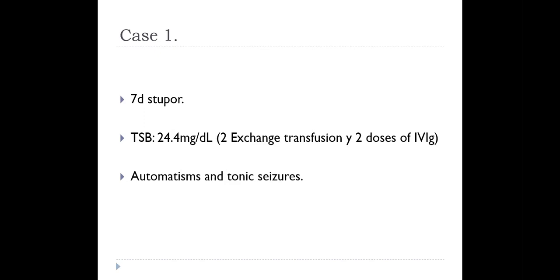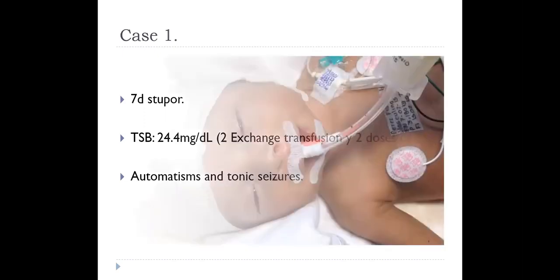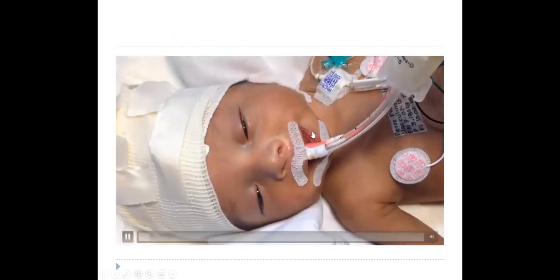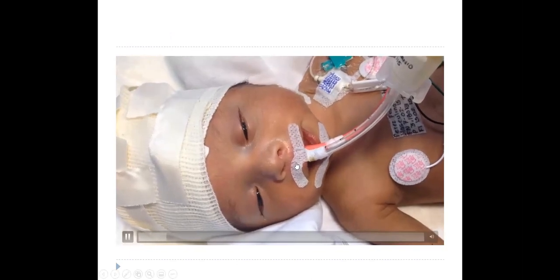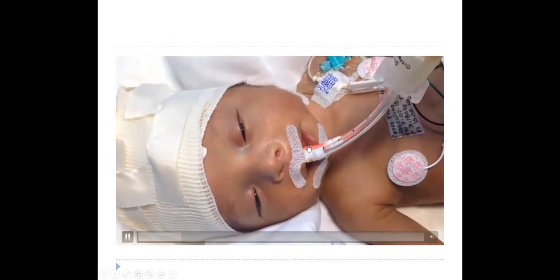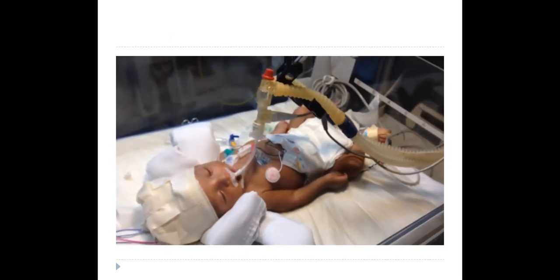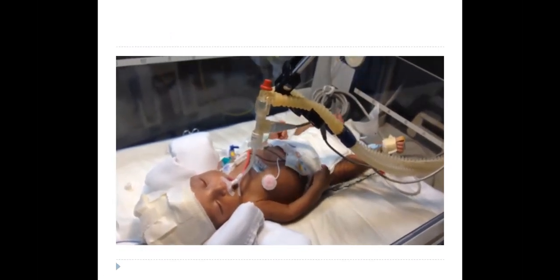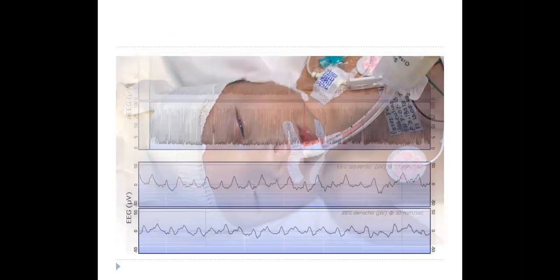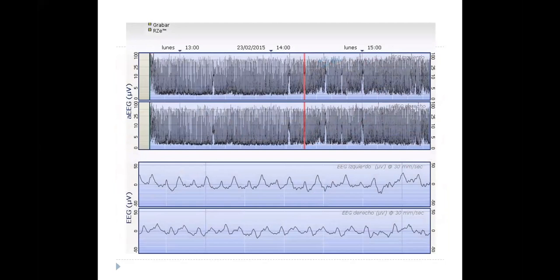It starts with automatism and tonic seizures. In the video, you can see the automatism and the oral automatism of the baby. When we restart the monitoring, the tonic seizures. Okay, and the aEEG, please. The previous trace was 1 week ago.